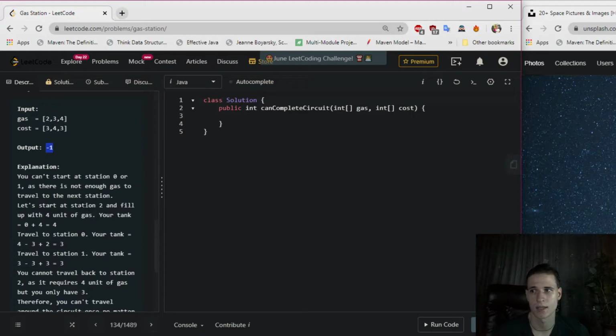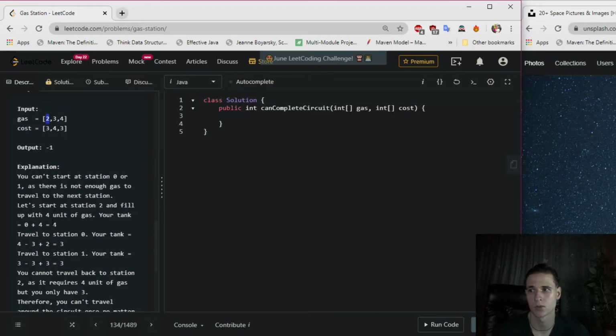So we just start at station 2 and fill up with 4 units of gas. Your tank 0 plus 4 equals 4. And travel to station 0.